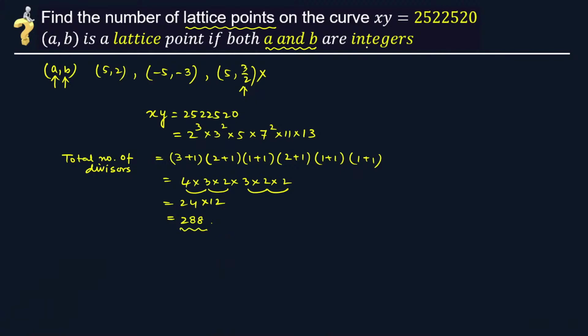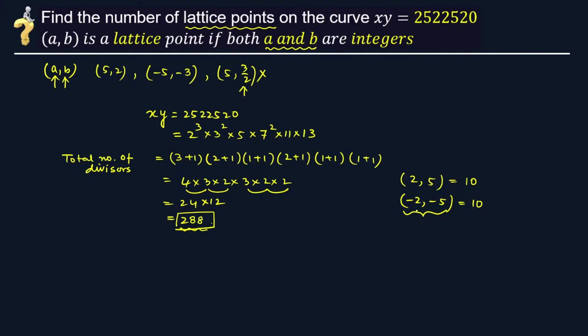Lattice points means that A and B are integers. Now, whatever these 288 pairs you got, I mean these 288 lattice points, everywhere they can be replaced by negatives also, because suppose I get 2 and 5 as one of my lattice points, the other point can also be minus 2 minus 5. Because in that case also, during multiplication, you are going to get 10. In this case also you are going to get 10.